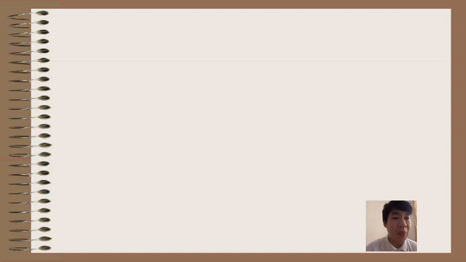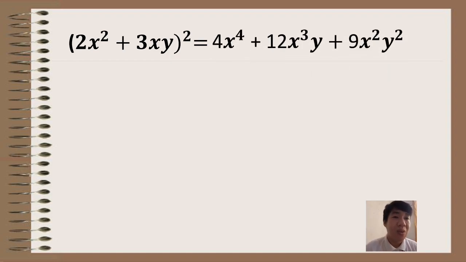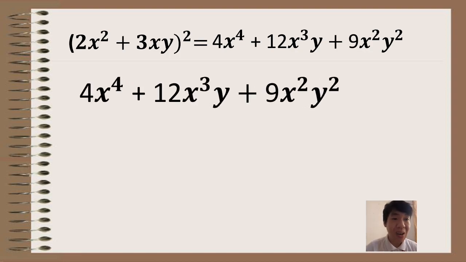And this is our simplified algebraic expression from 2x squared plus 3xy quantity squared. We have the result 4x raised to 4 plus 12x cubed y plus 9x squared y squared. Then, we can now classify it according to the number of terms and according to their degree.